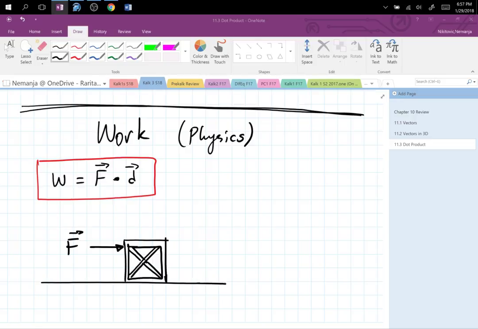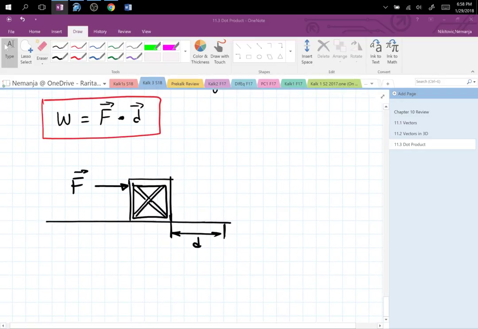I'll explain why, but if you think about this, so you have the vector, the force, F, and if there's no friction here or anything, you will move the crate from here to here, which is the distance. Now that distance is measured by the vector D, and for the new location of the crate you can calculate the amount of work, and then you can charge for that.